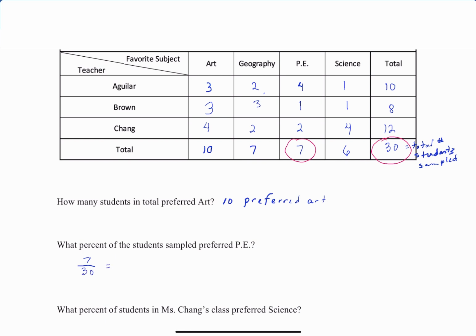We'll change that to a percent using a calculator, of course. And I'm getting 0.23. So in other words, 23% of the sampled students favored PE.